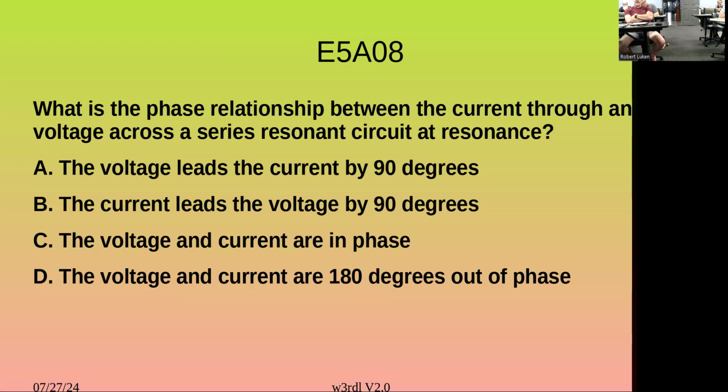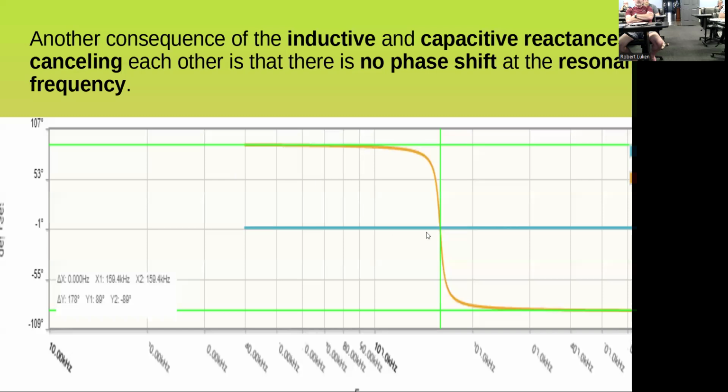What happens at resonance? You're in the middle of the big peak. This is plus 90, this is minus 90, this is 0. Phase.